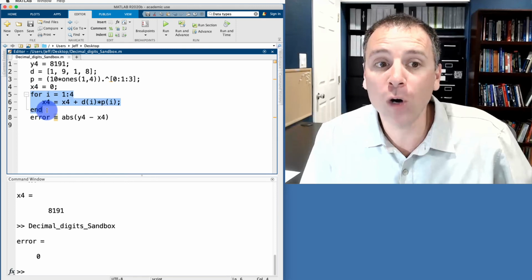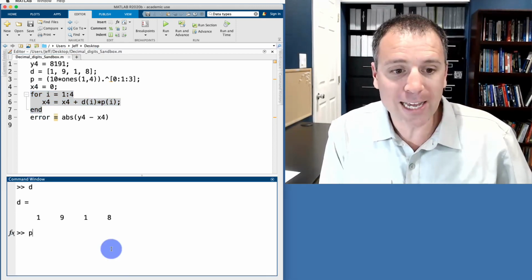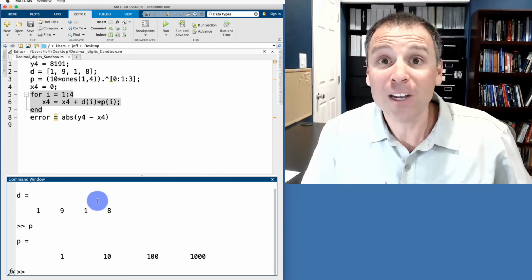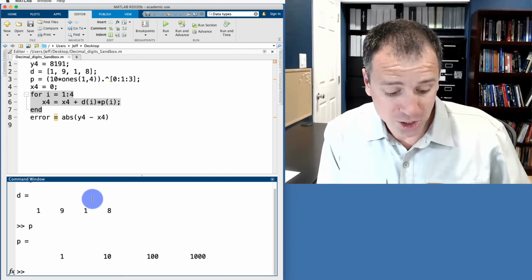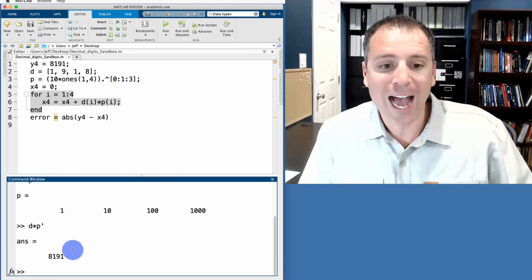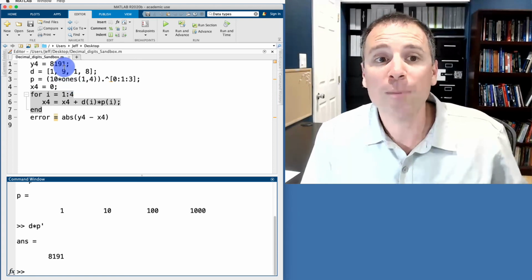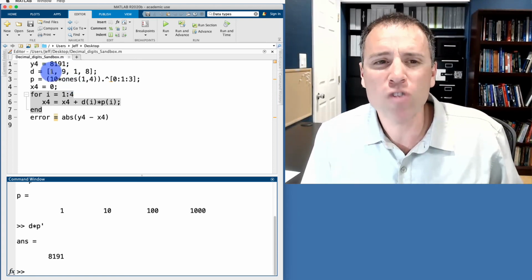This is a for loop representation of a dot product. But indeed, if I were to look at d and p, there's something called a dot product representation, which is if I take d times p transpose, I get the exact same value because literally all I'm doing is pairing those off individually.